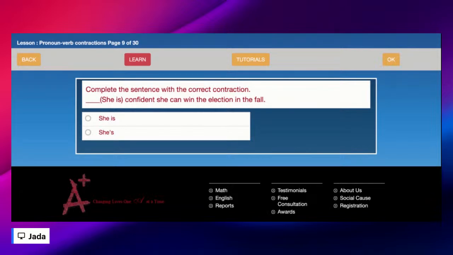Okay, also option 2. So I'm guessing that you guys understand the pronoun verb contraction, right?